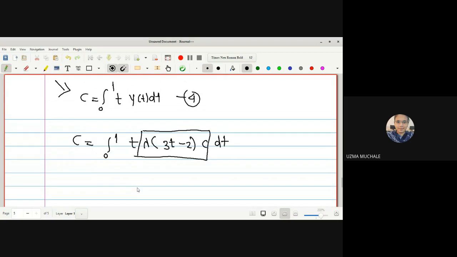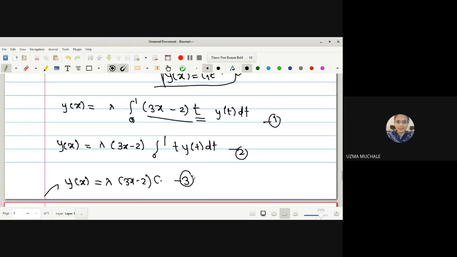In the first step, we take the terms of x outside of the integration since integration is with respect to t.